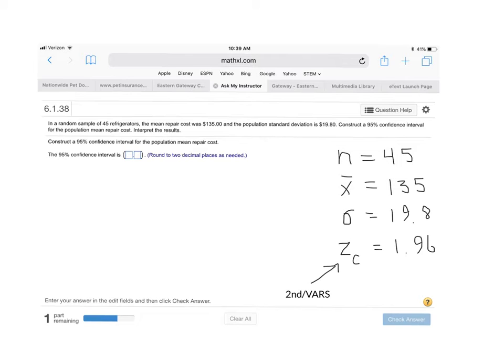And in that menu, we have option 3, which is the inverse norm command.